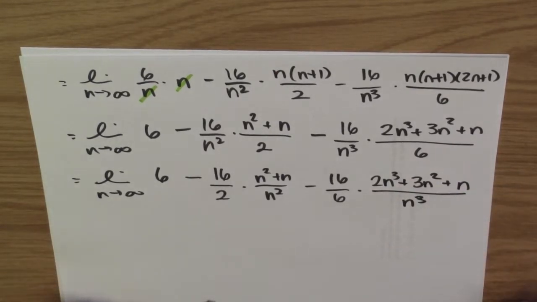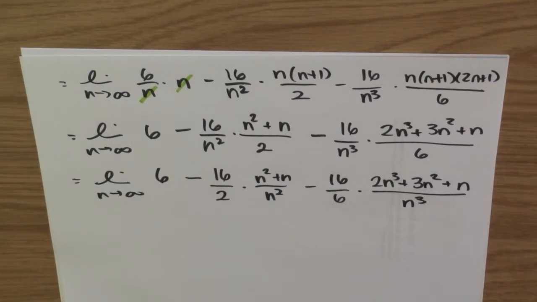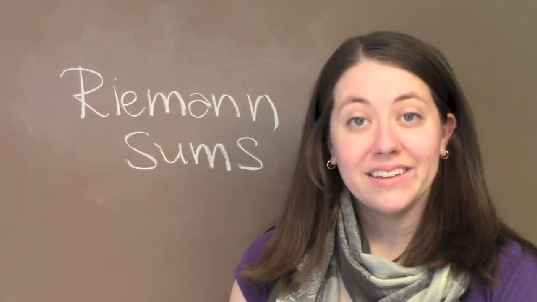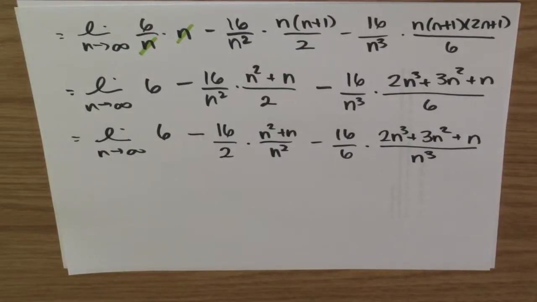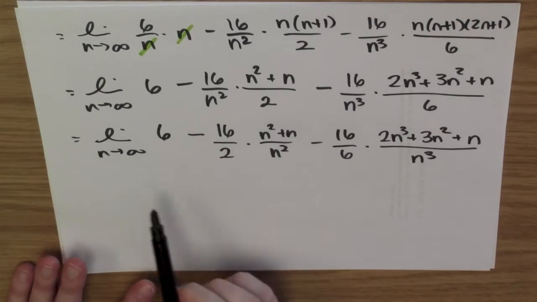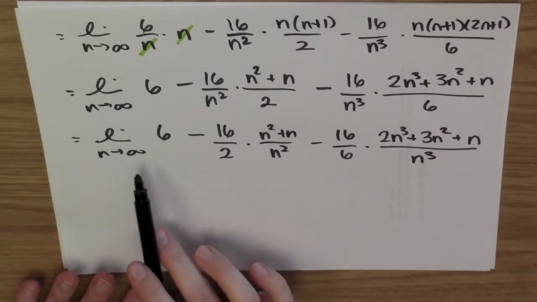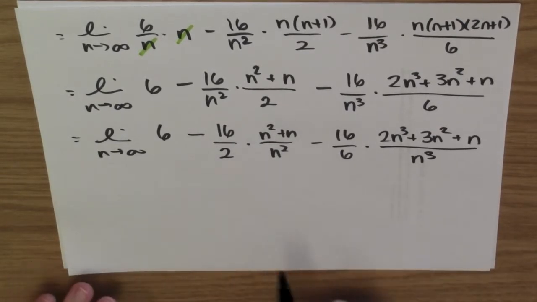Right? Now I have done all the algebra that I need to do to make the limit really easy to take. Finally, let's take the limit and see the answer to our question. So let's go ahead and take this limit. I remember that the limit of the sum is the sum of the limits, so I can take each of these limits individually.